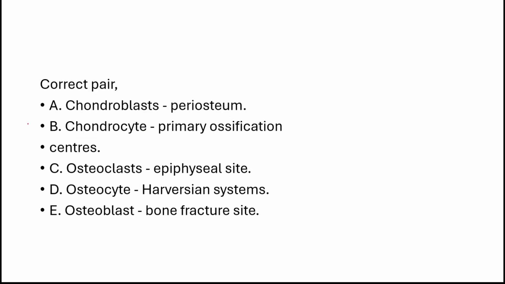So the next question is chondroblast. Now, correct pair: the chondroblast and the periosteum. Where did I say? Periosteum is composed of osteoblasts and osteoprogenitor cells. So chondroblasts are usually not seen in the periosteum. But of course, there's an articular cartilage cap that can be seen at the extreme of the epiphysis. But apart from that, no, that's a false statement.